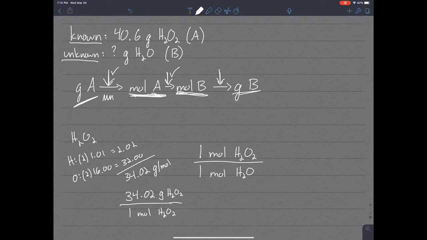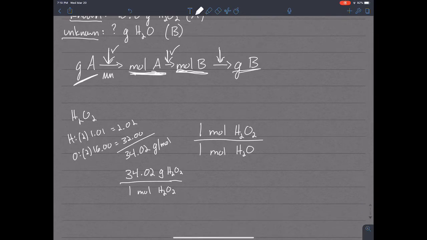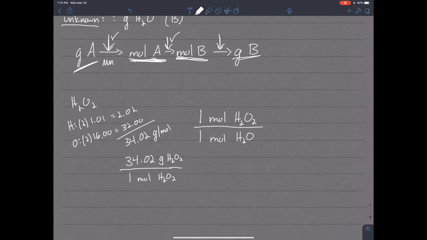Now lastly, I need to go from moles of water to grams of water. So water is H2O, so H twice, oxygen once, 1.01, 16, and I was going to say 17, but that's not the mass of water.